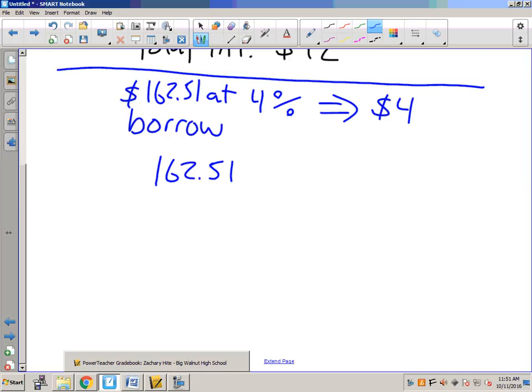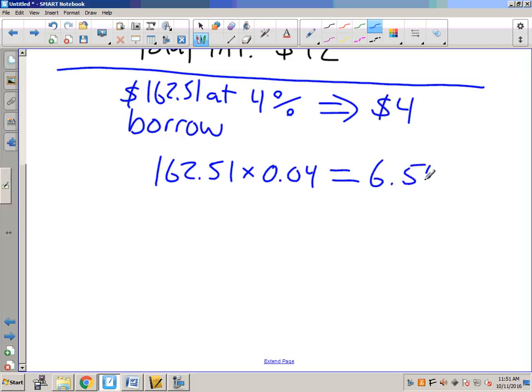So you're multiplying it by 0.04? Yeah, 0.4 would be what percent? 40%. That would mean Uncle Rick is charging you that much for interest. And $162.51 at 4% interest is going to give us $6.50.